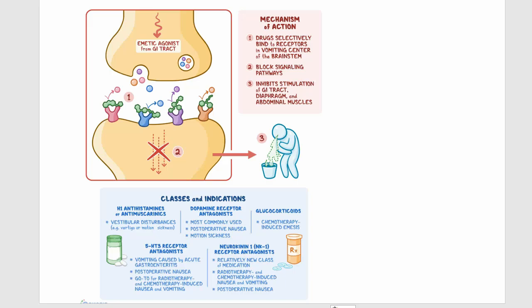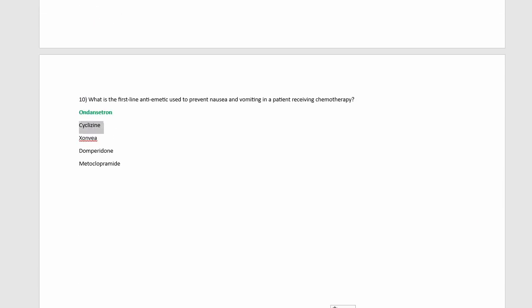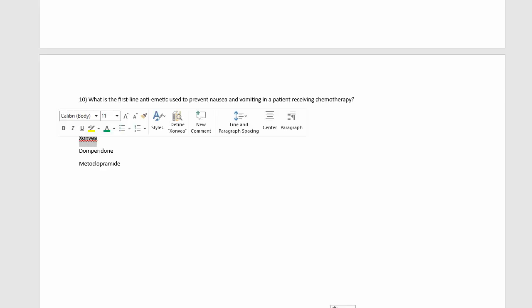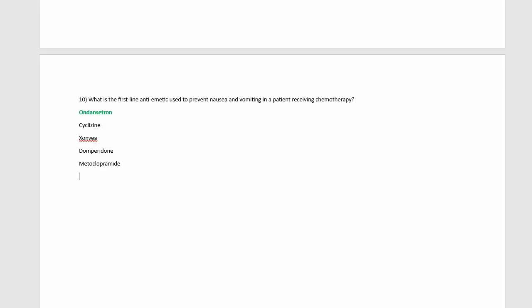Pyridoxine, also known as vitamin B6, is a water-soluble vitamin that plays a role in various metabolic processes in the body. In the context of Xonvea, pyridoxine is included to supplement vitamin B6 levels, as deficiency of this vitamin has been associated with an increased risk of nausea and vomiting in pregnancy. So cyclizine, second line; Xonvea, pregnancy. That's the way to associate it.